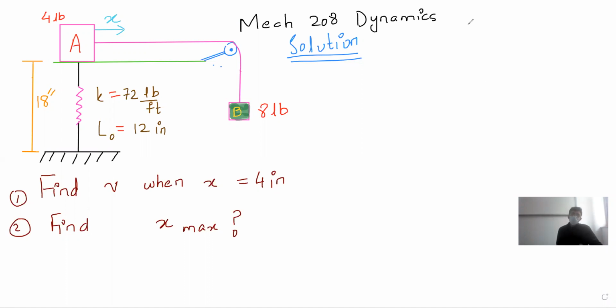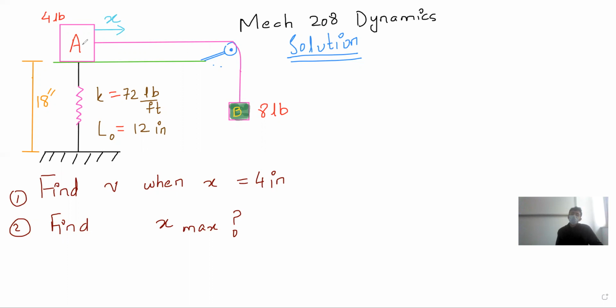Okay, everyone. This is the problem, and after this, we will start our next topic. The question says that you have to find the velocity when x is equal to 4 inches. This is some sort of table. So you can say there is a hole through this table, and this little wire passes through it and is connected to the mass.